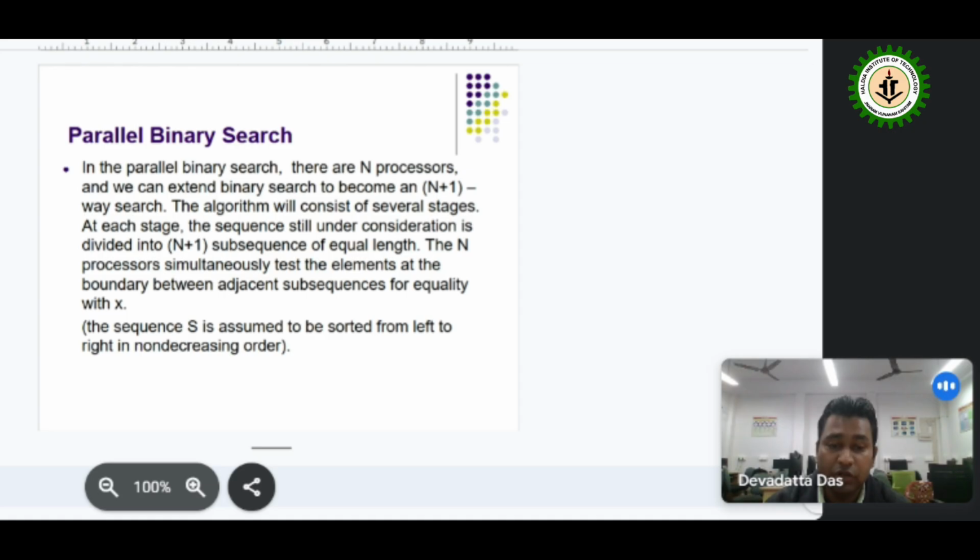Why subsequences? Because it's a divide and conquer strategy, so I'm dividing the whole problem into many subproblems. The n processors test the elements at the boundary between adjacent subsequences for equality with x, and s is assumed to be sorted from left to right in non-decreasing order.